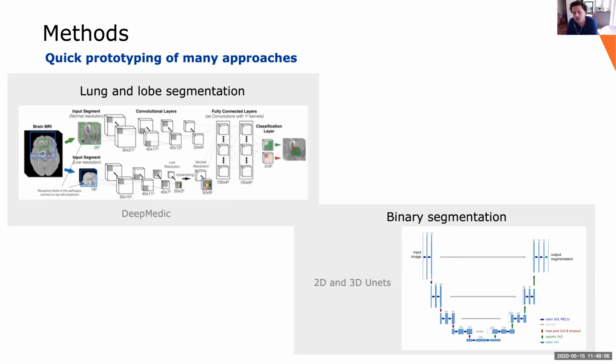We would normally not work in 2D for these medical images. We would prefer always 3D. But in this case, we saw that because of the many slices available in 2D, 2D methods did have an advantage in getting good results quicker with low amounts of data. And we also saw that there was a complementarity between the 2D and the 3D networks that could be exploited. And I'll come back to that later.